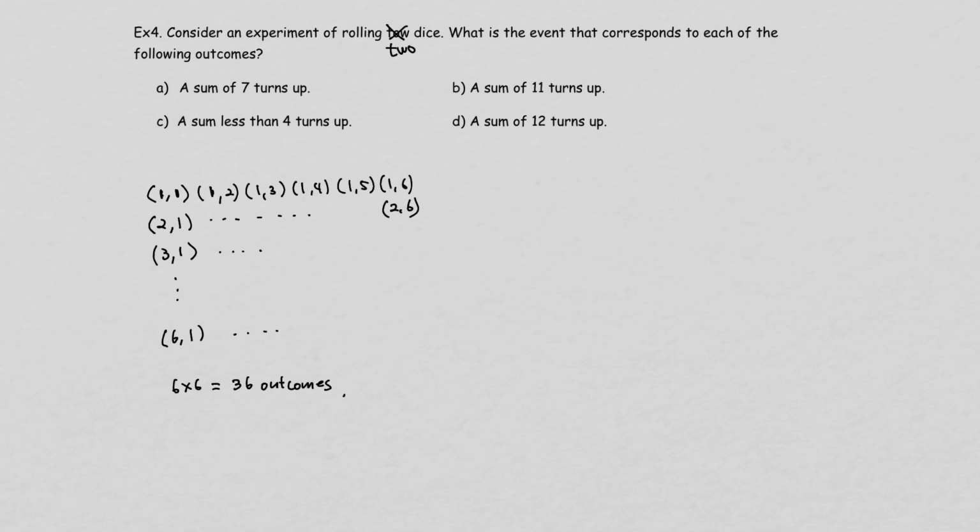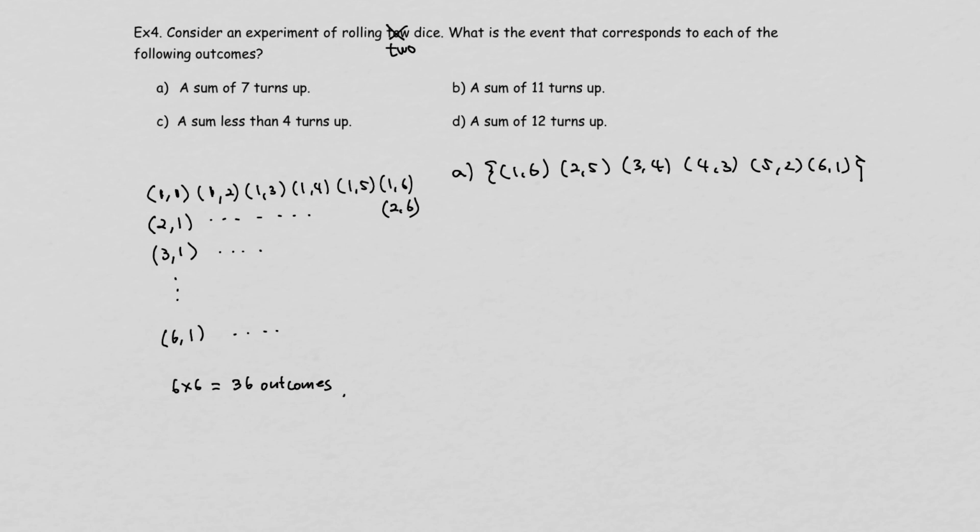So let me write that down. On A, you could have 1 and 6, 2 and 5, 3 and 4, 4 and 3, 5 and 2, and 6 and 1. So that's going to be the outcome of sum of 7, right?